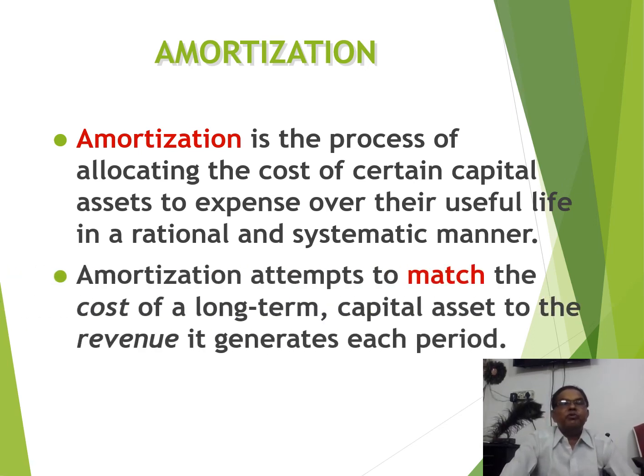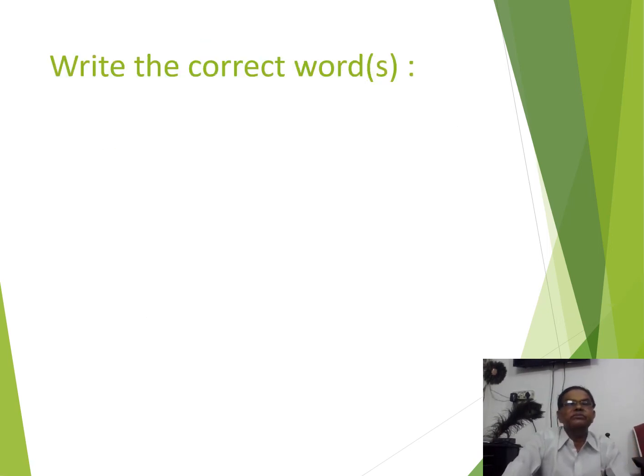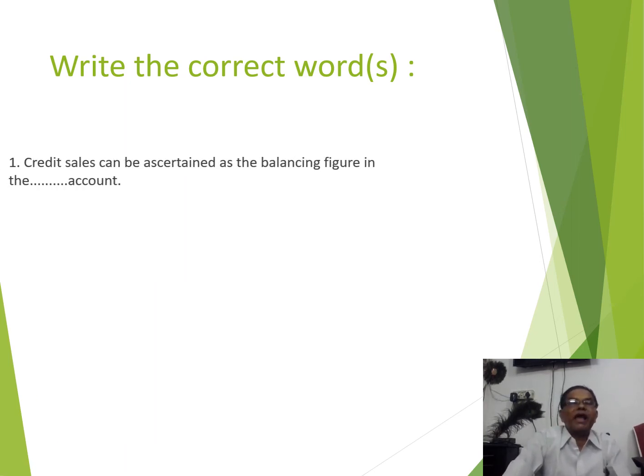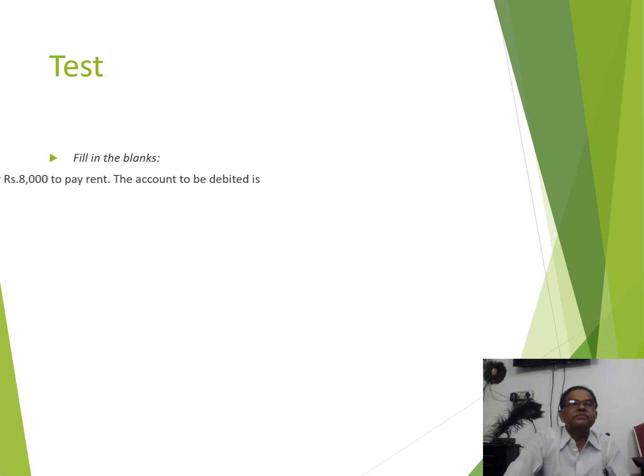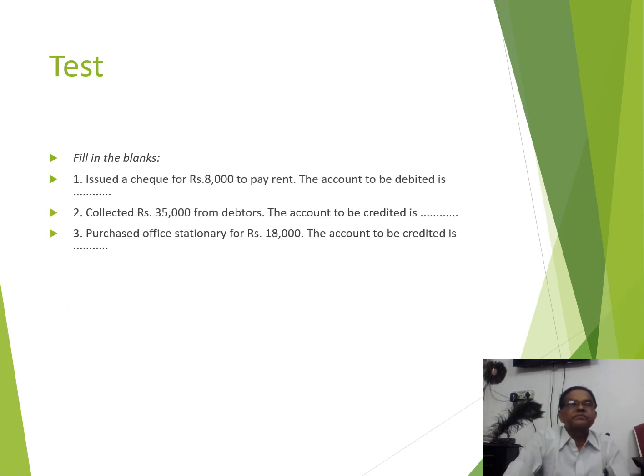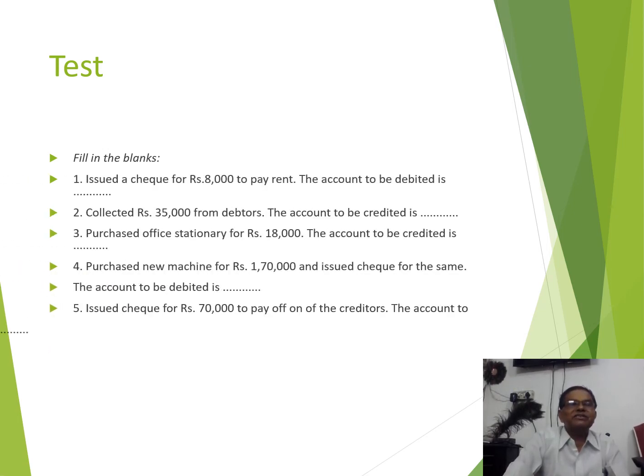So amortization is an attempt to match the cost of a long-term capital asset with the revenue. So, write the correct words. Here again, one exercise is given for your practice. This is very important. Again, one test.